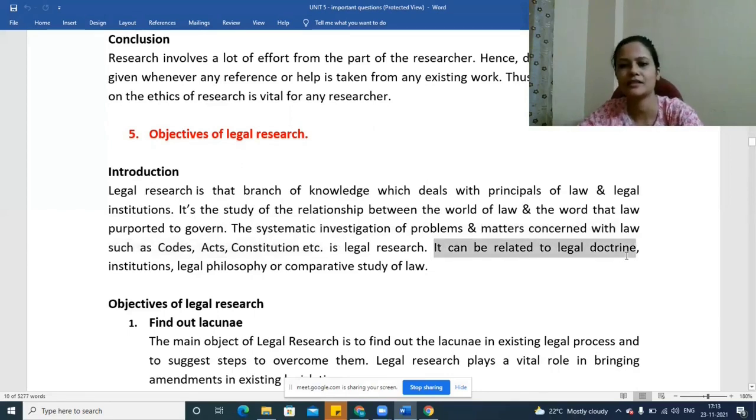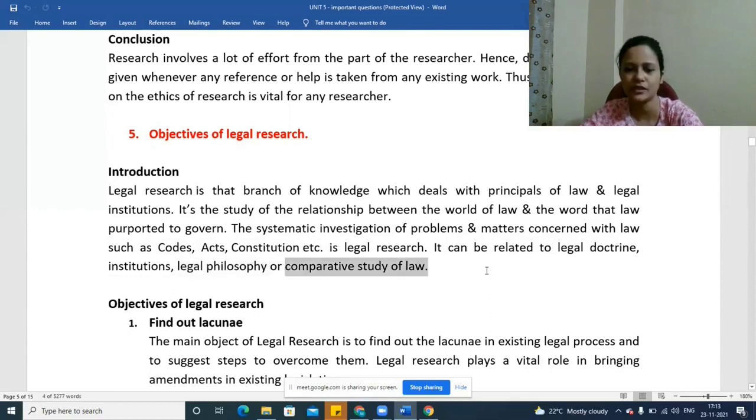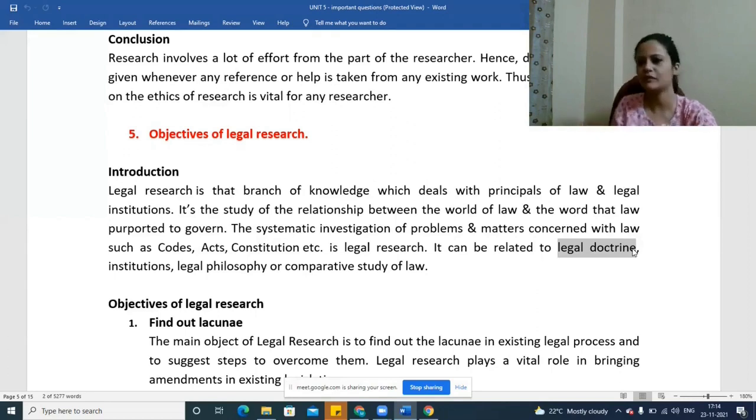It can be related to a legal doctrine also, institutions, legal philosophy, or comparative study of law. As such, there is no restriction. The researcher is free to take up any topic. It may be one like a theory, some doctrines we have. We have something called the polluter pays principle, which is applicable in environmental law.